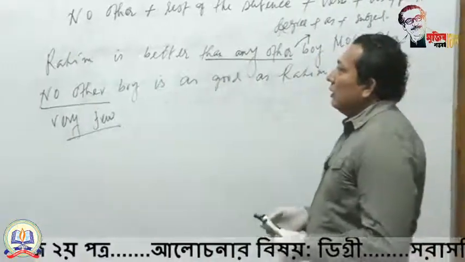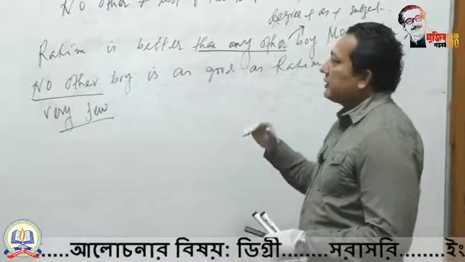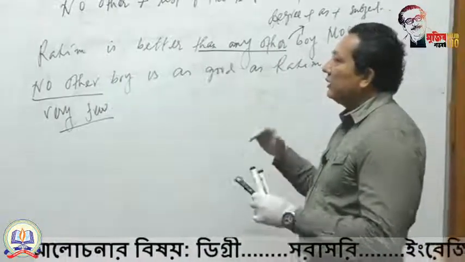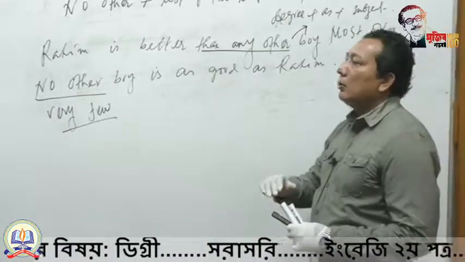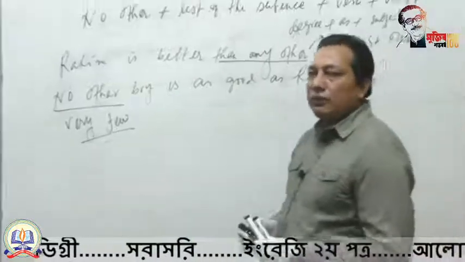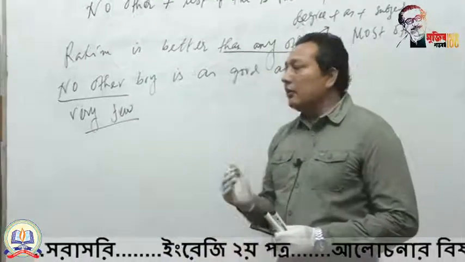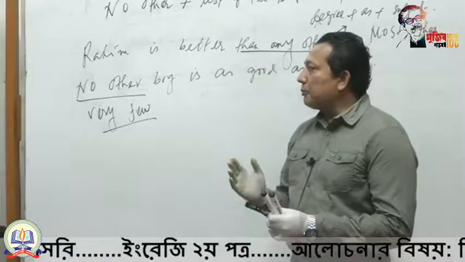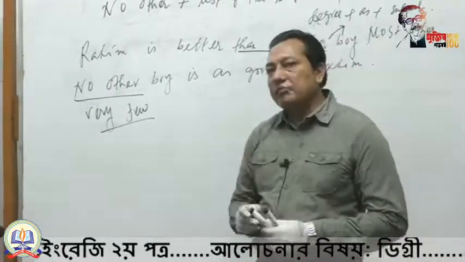Why? Because when you use "no other" or "very few", it seems that the sentence is compared with many objects, many things, many people. But right now, you are getting only two specific persons, Rihan and Ahan. For that reason, you are not supposed to use "no other" or "very few". At that time, you will change the position.